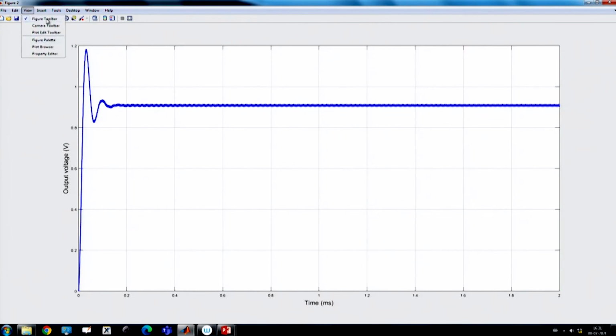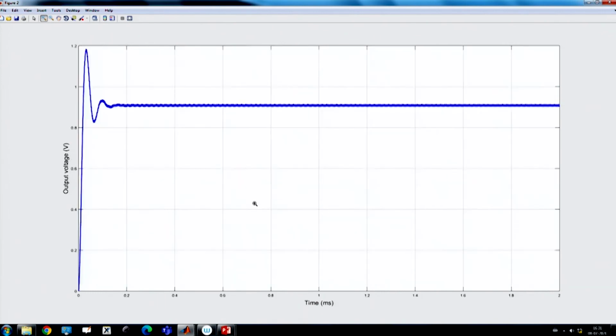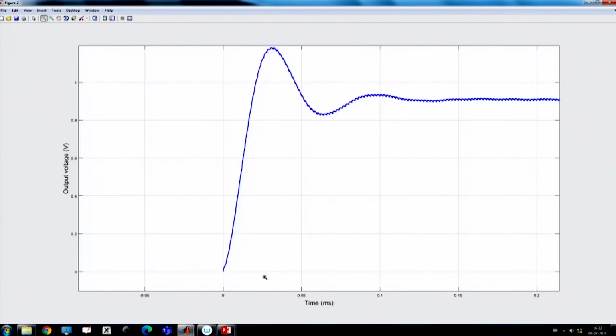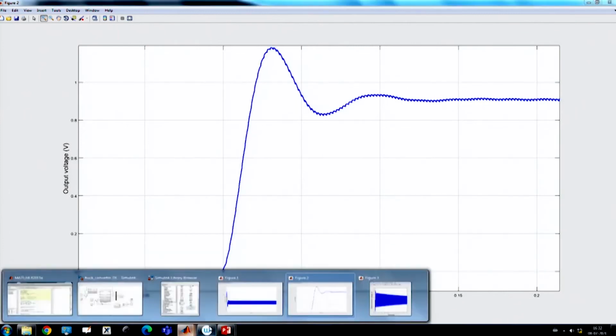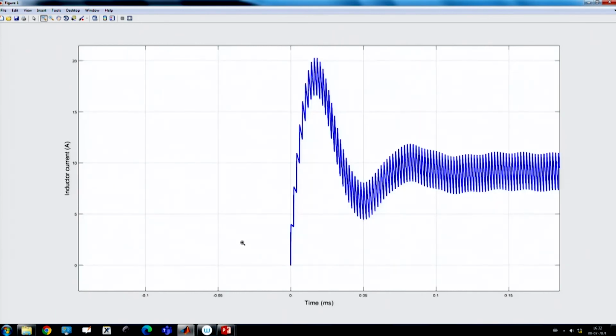This is in open loop condition, we are just running the converter in open loop. It is very clear that this startup is giving a huge voltage overshoot, which is not acceptable. The startup time is also too large, around 0.15 millisecond, and another very important point is that the startup current is also too high.